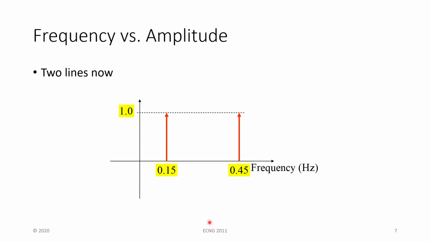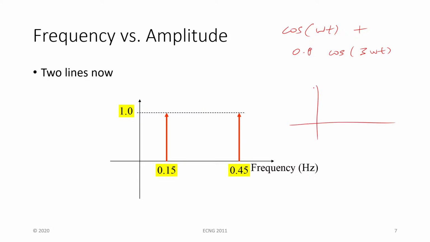Let me give you another example of how this plot could change a little bit. Let's say we had cosine omega t plus 0.8 cosine of 3 omega t.